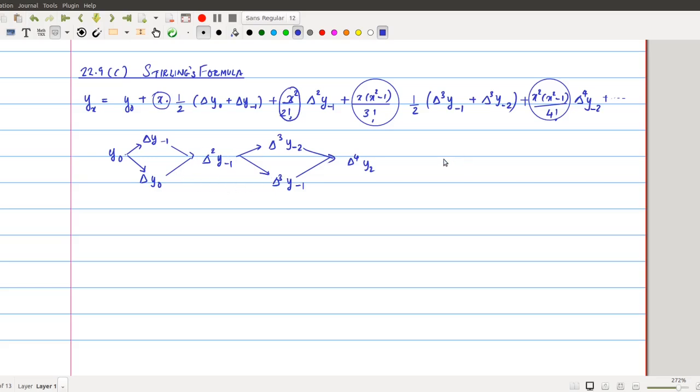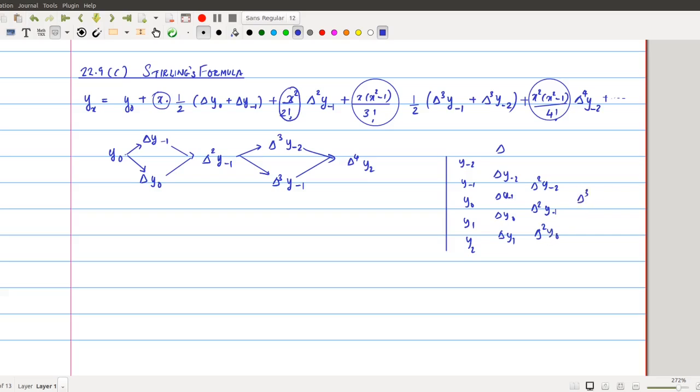In fact, this is the table what we have written. Suppose this is y0, here y minus 1, y minus 2, y1, y2, etc. Then in the second column we have delta y minus 2, delta y minus 1, delta y0, delta y1. Then delta square y minus 2, delta square y1, delta square y minus 1, delta square y0.